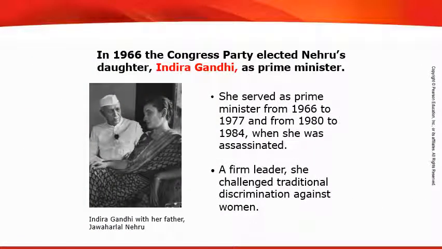After Nehru, India's Congress Party elected Nehru's daughter Indira Gandhi as the next prime minister. She served the office of prime minister in two terms, from 66 to 77 and from 80 to 84. But finally, she was assassinated in 1984 due to the episode of the Golden Temple, which we are going to discuss in the next slide. During her tenure, she showed great leadership skills.